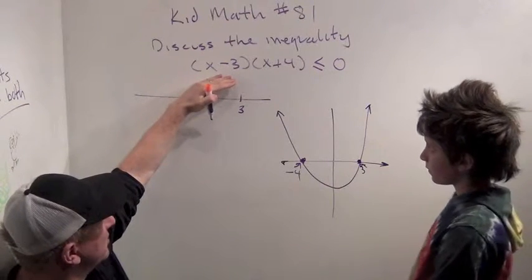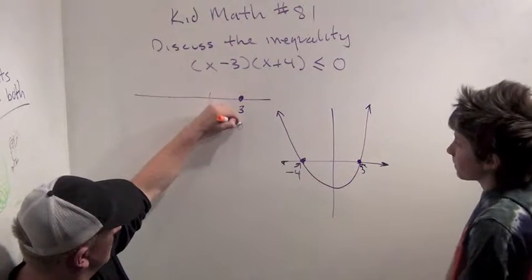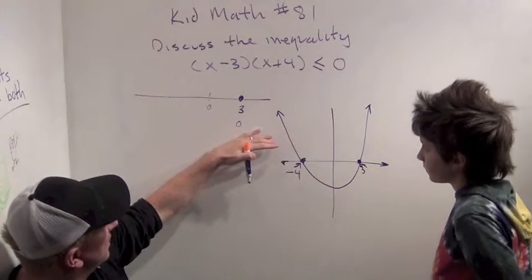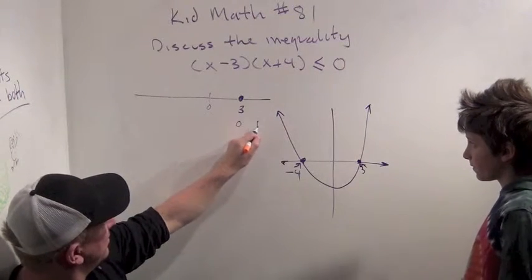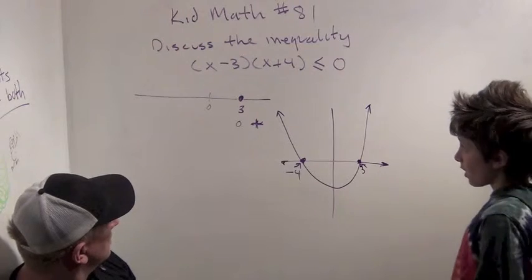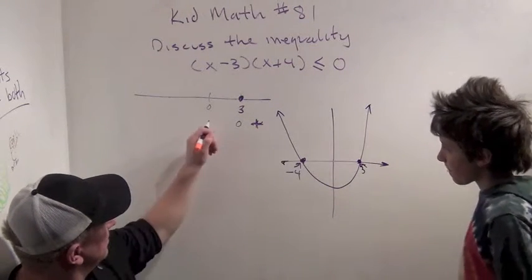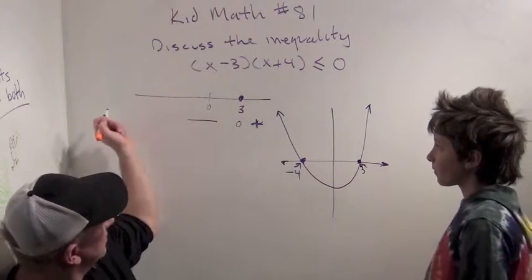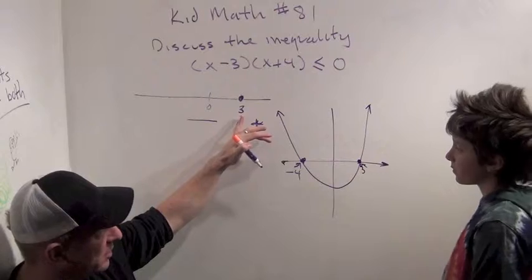And this expression, x minus 3, happens to be 0 here. What is it when x is bigger than 3? When x is bigger than 3, it's positive. And how about when it's less than 3? When it's less than 3, it's negative. So all the way to minus infinity, it's negative, and all the way to positive infinity, it's positive when you're bigger than 3.